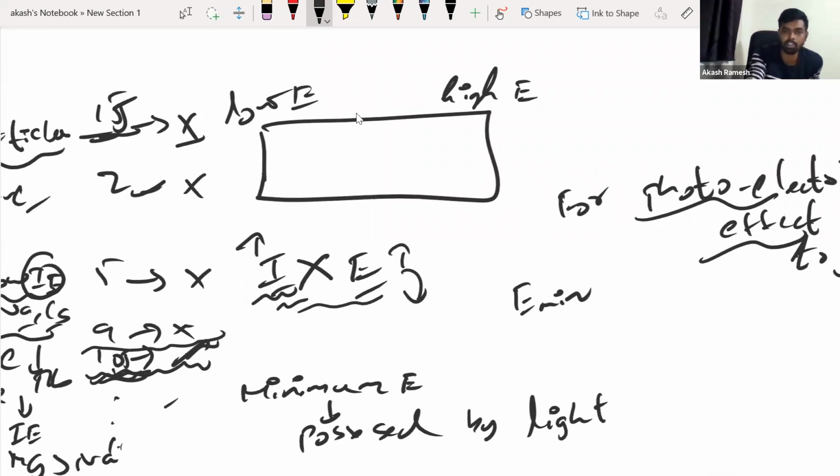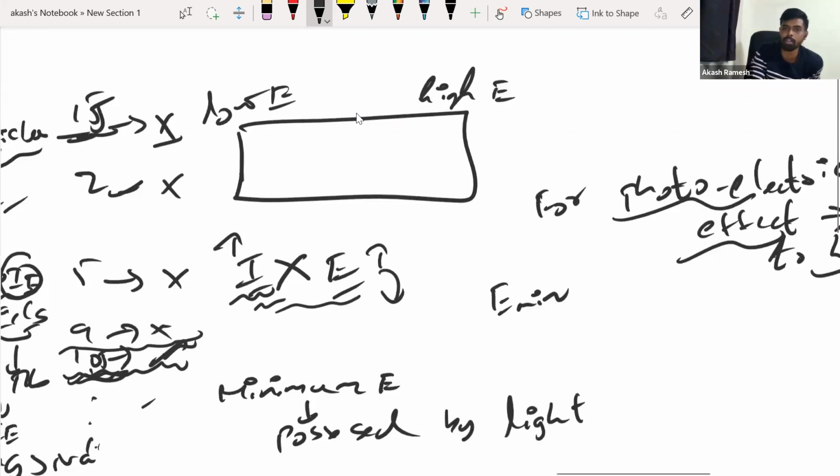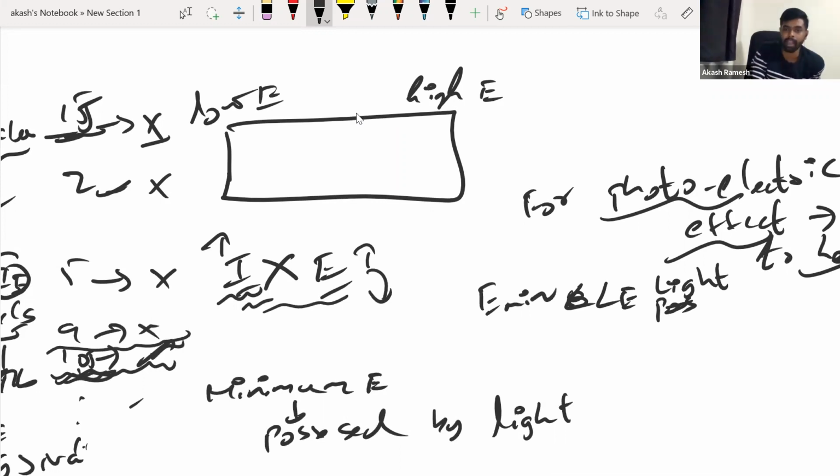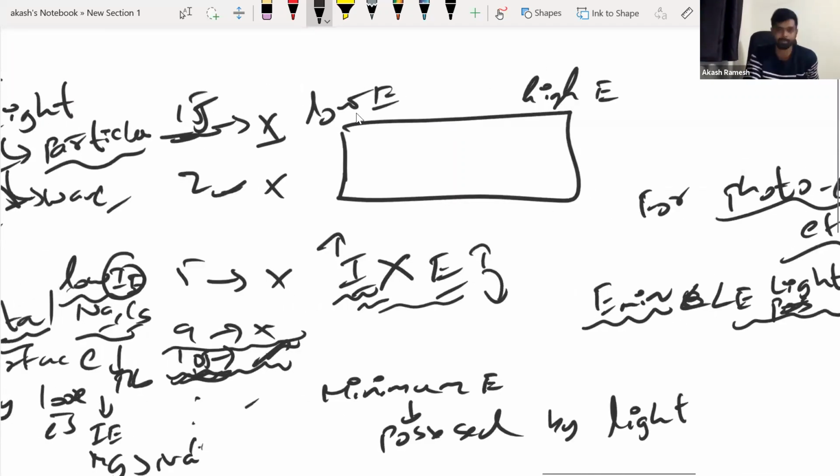The energy of the light which you are using should be greater than this minimum value of energy. In this case, we found that the minimum value of energy is 10 joules.